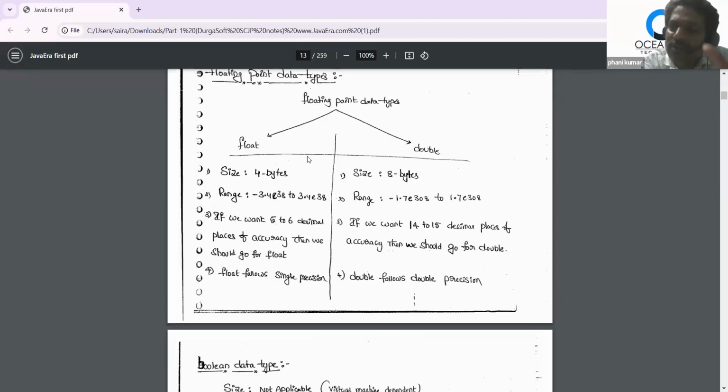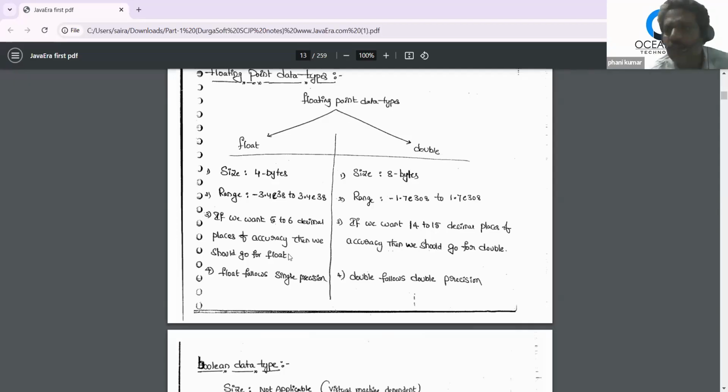So for the real values, there are 2 types. The first one is float and the second one is double. The size of float is 4 bytes and the size of double is 8 bytes. Float has its own range and double has its own range. As I mentioned first, for each and every type there is some range and some size. Clear?